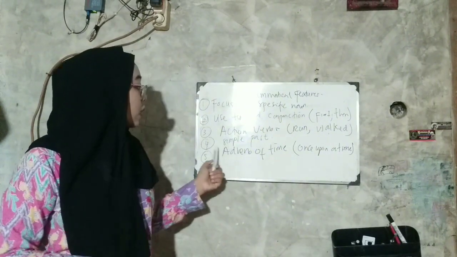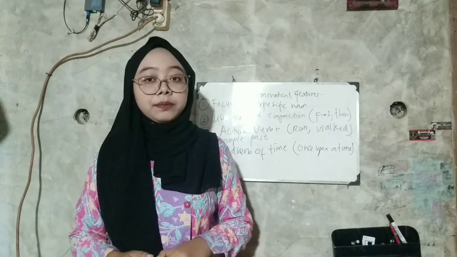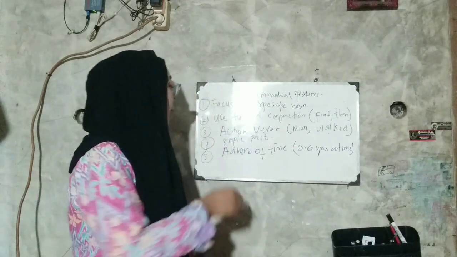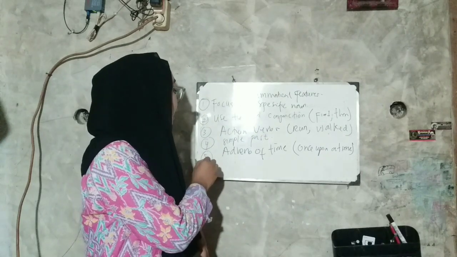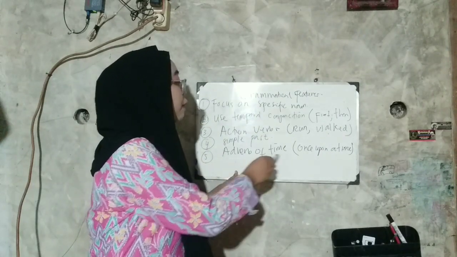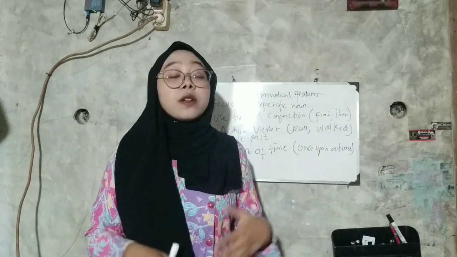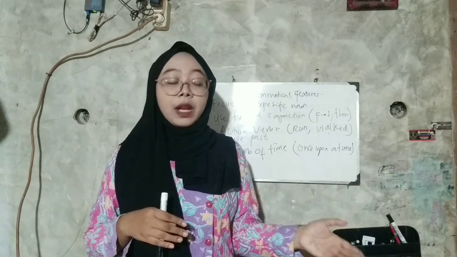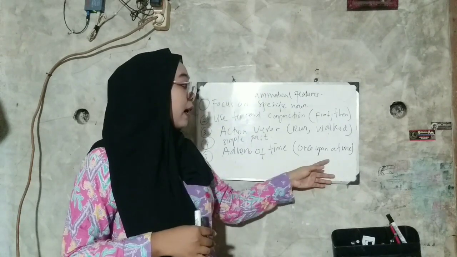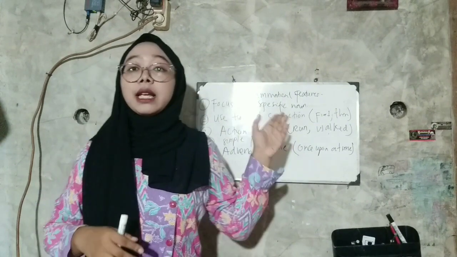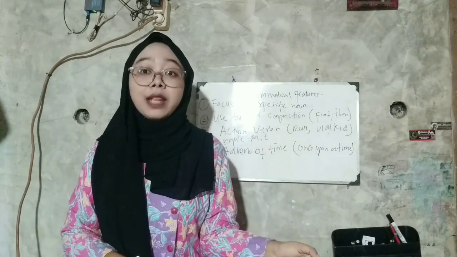And for the next is to use the simple past. After that, we will learn about the simple past. And the last is to use adverbs of time. Adverbs of time, for example, once upon a time, and others. So these are the grammatical features of the narrative text.